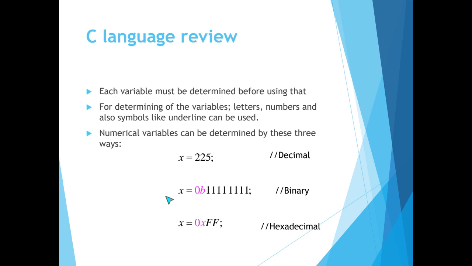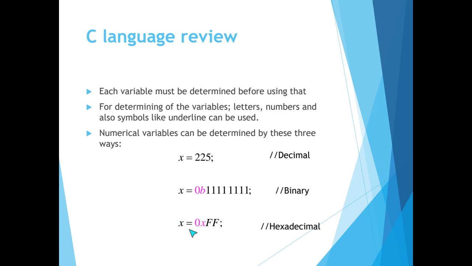For example, I used the X variable again for naming or determining the variable. This is a binary number. Before a binary number, for determining a binary variable, we should use 0b as prefix. And this double F is a hexadecimal number, as you see.